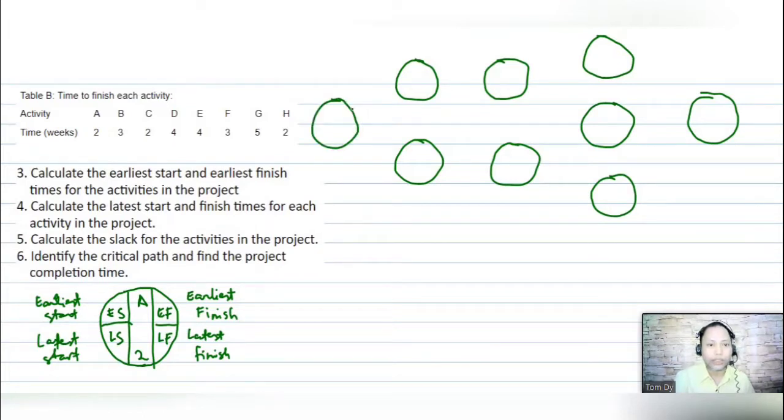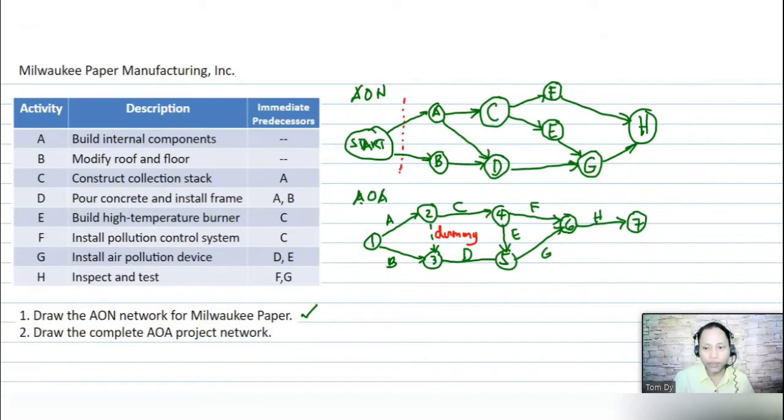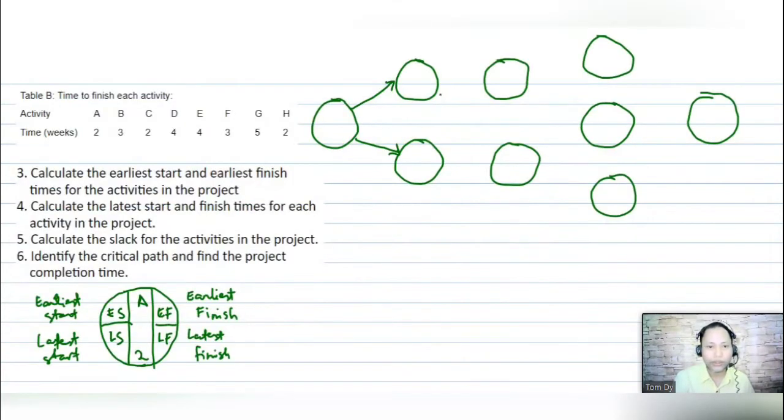This is connected to A and then to B. Let me check first. Okay, this is connected. I will write this one now. Let me draw it first.